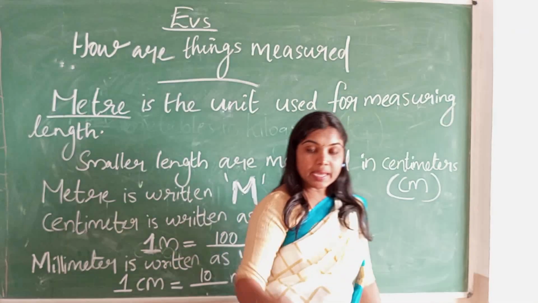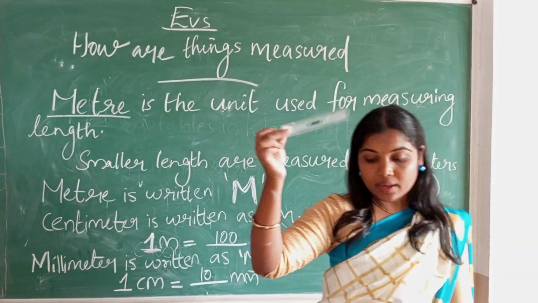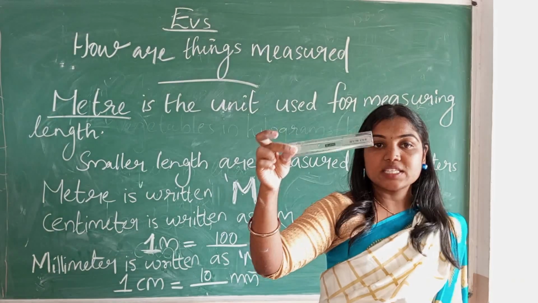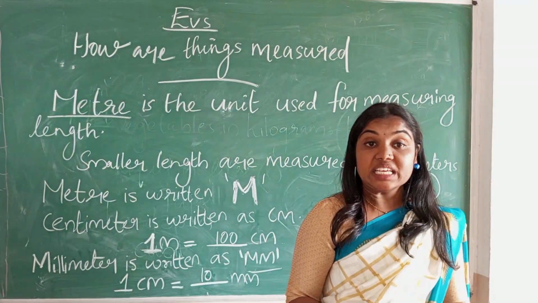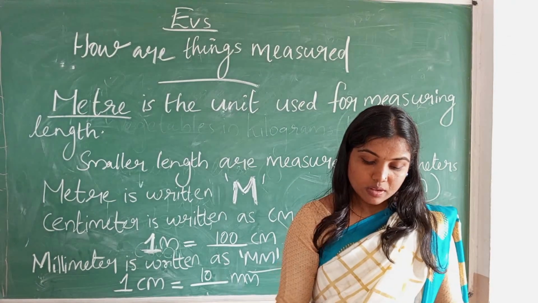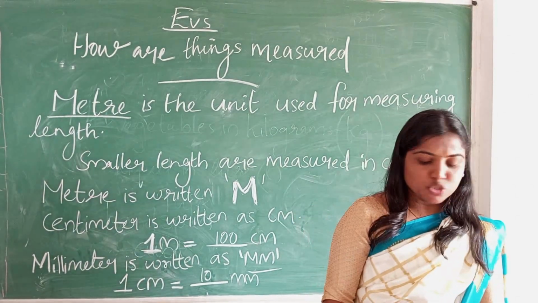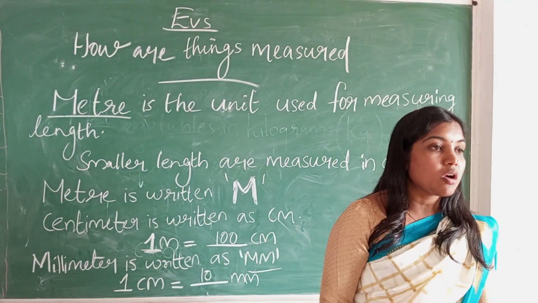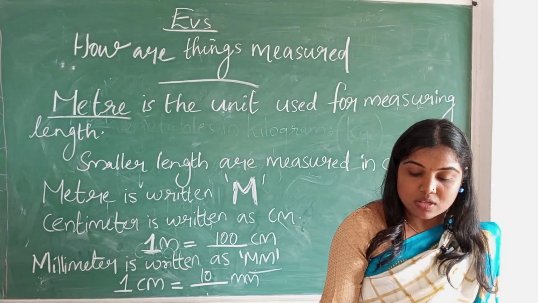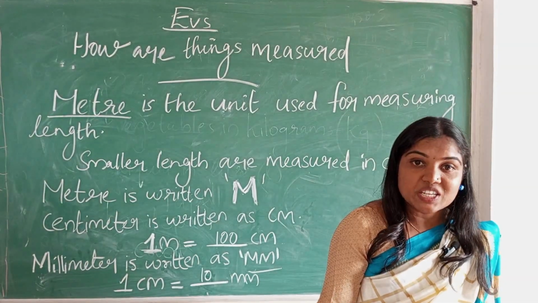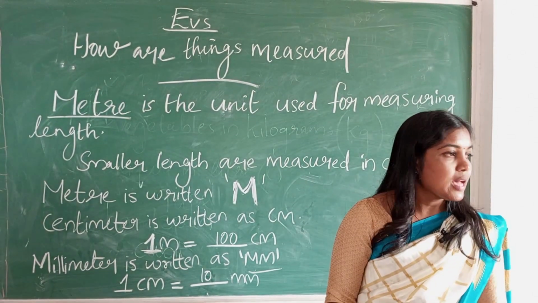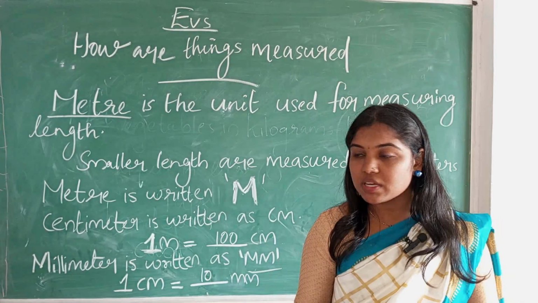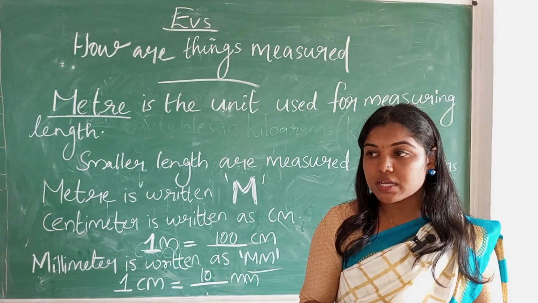So a ruler measures length in centimeter, millimeter or inches. So how to measure your pencil box? Do you have a pencil box? Do you have a compass?